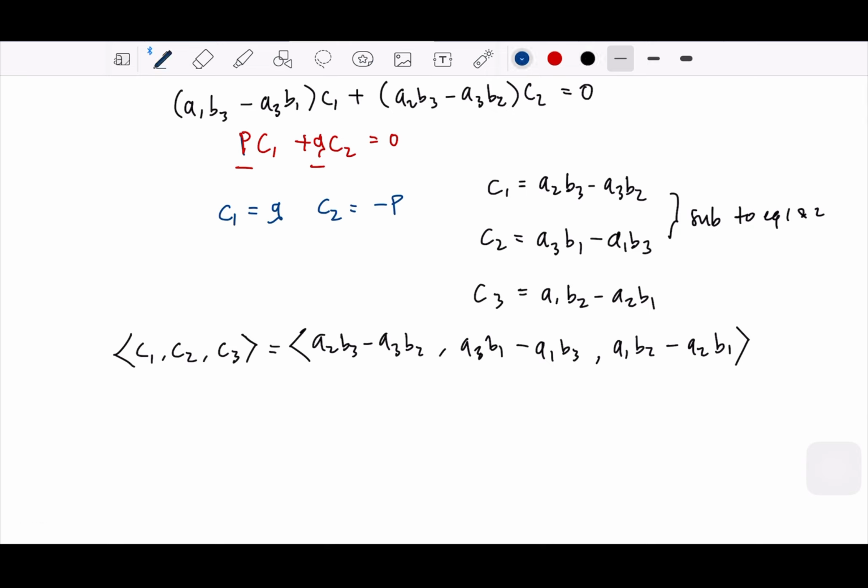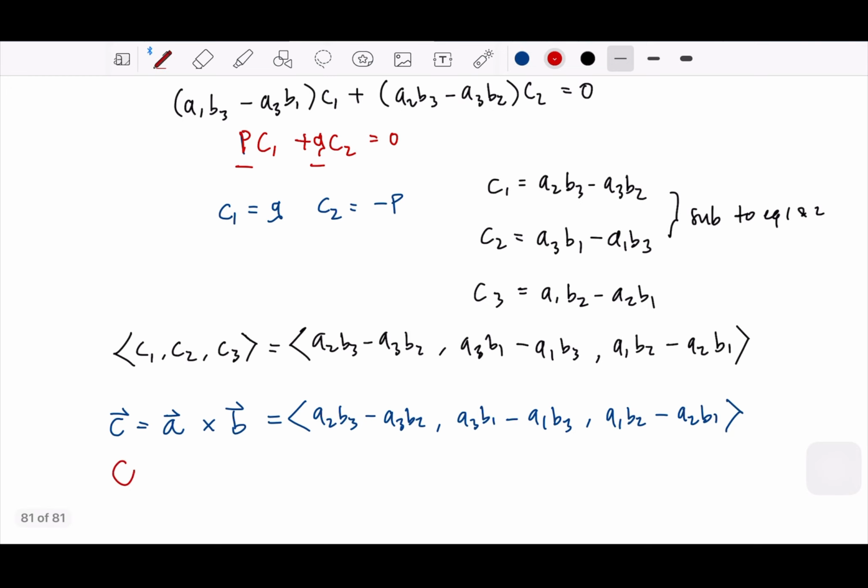We can write that the vector C is the vector A cross vector B, and it's equal to this. We call this the cross product.